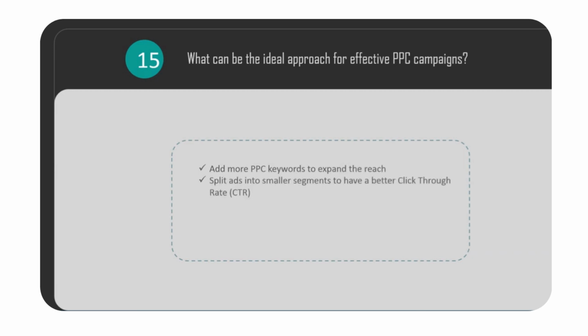Split ads into smaller segments to have a better click through rate, that is CTR. I think people would have watched serials or series where you get an ad in between while watching, right? These are nothing but the smaller segments. You can divide it into segments and place it in a way that they can click your content.